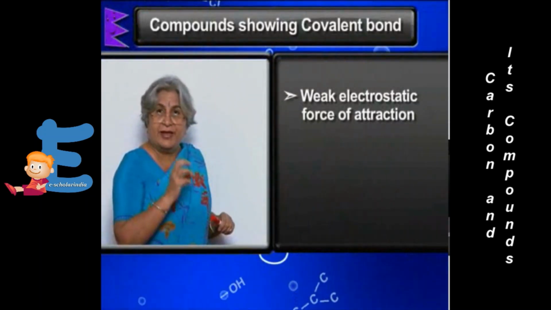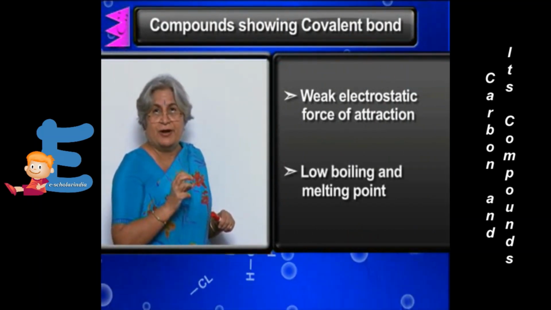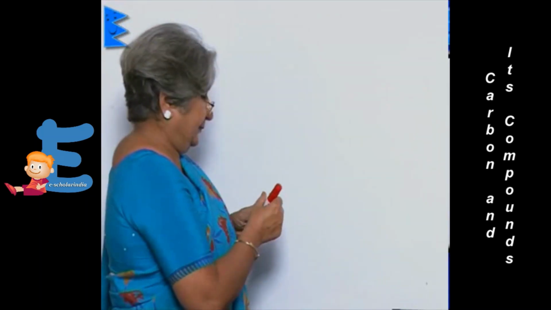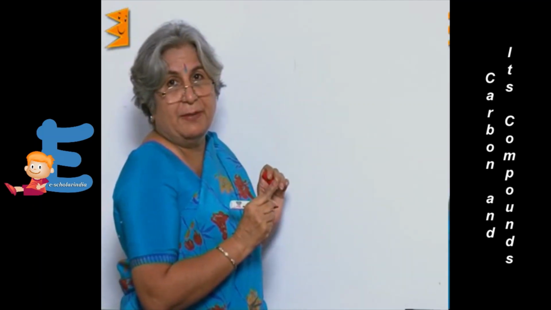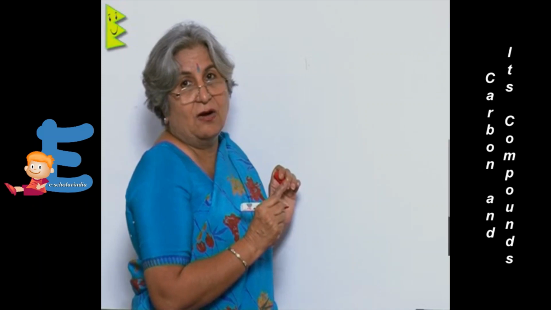The result is that ionic compounds have high melting point and boiling point. On the other hand, the compounds showing covalent bonds have weak electrostatic force of attraction. So their boiling points and melting points are low. For example, many of the carbon compounds like carbon dioxide, methane, ethane, they are all gases.